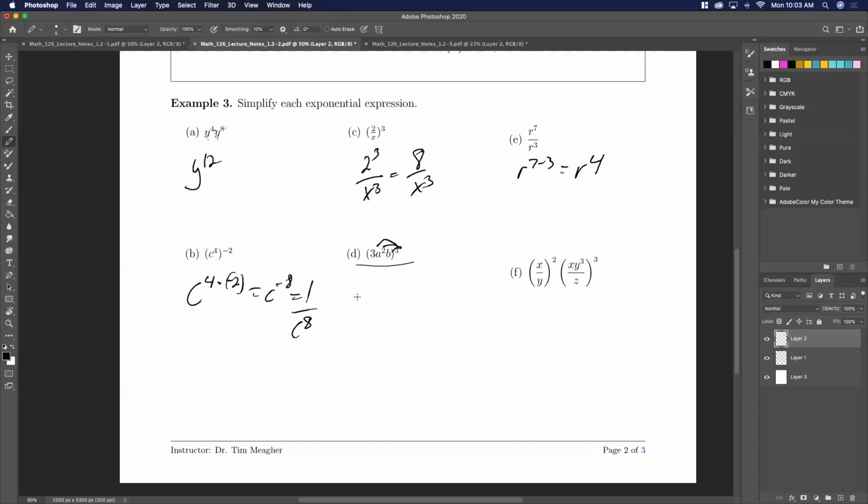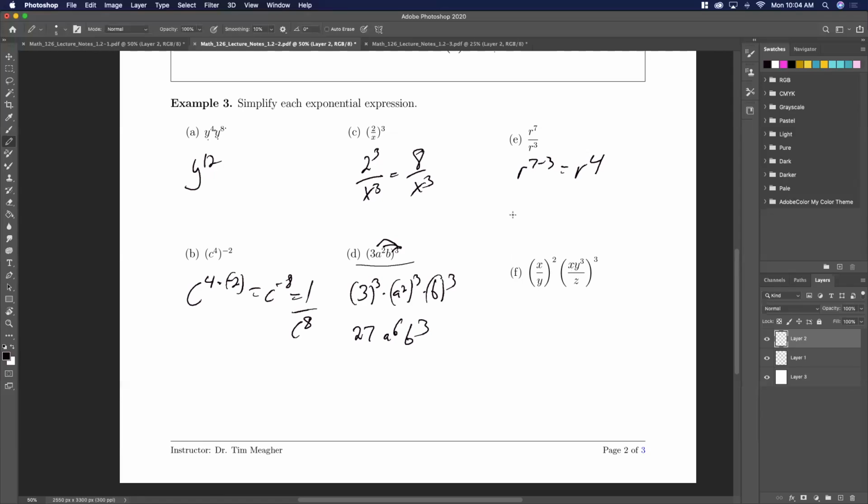And so I'll have 3 cubed times a squared cubed times b cubed. If I was being very pedantic about it, this becomes 27. This becomes a to the 6th. This becomes b to the 3rd.